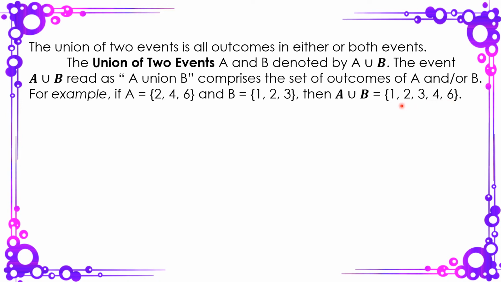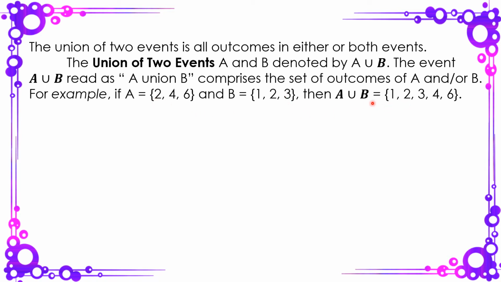So in union, you can see here 2, 4, 6 in A, and 1, 2, 3 in B. Simply get all the possible outcomes. So you see here number 1, number 2. Number 2 is written twice, but you only have to write it once.